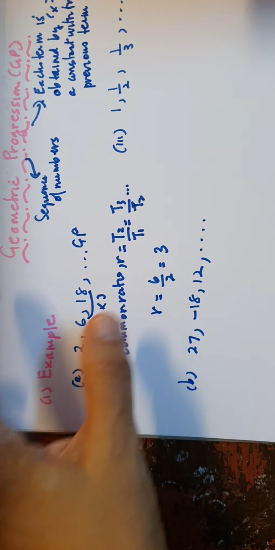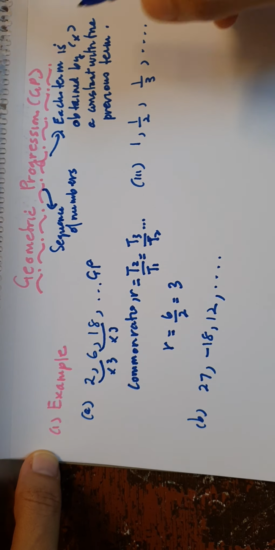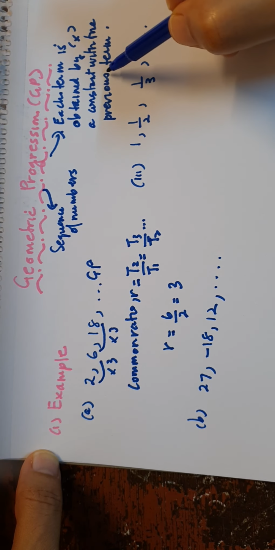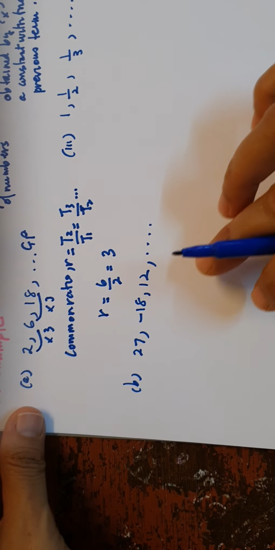So this is a GP. What is a GP? A GP is a sequence of numbers where each term is obtained by multiplying a constant with the previous term. Okay, let me check and see whether this is a GP or not.